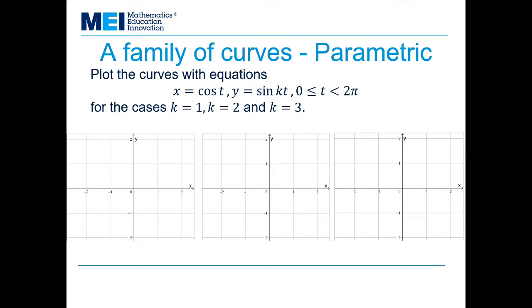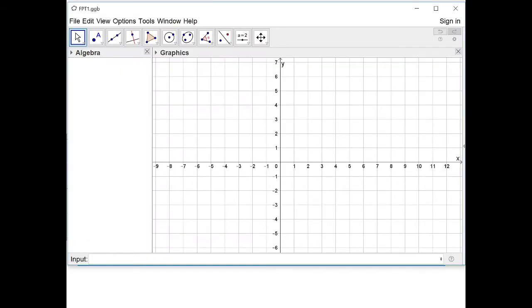So let's have a look at this in our plotting software. Now, in GeoGebra, to express something parametrically, all I need to do is to put it in as if it was a pair of coordinates. So in the input bar, the equations were x equals cos t, y equals sine kt.